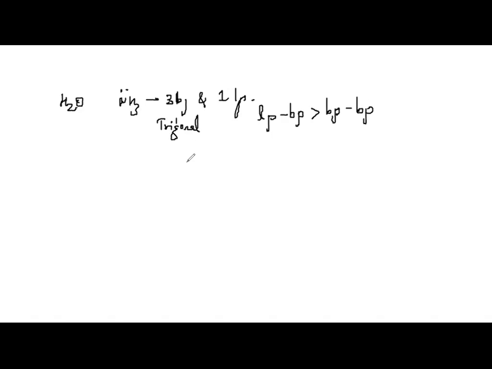Therefore, the molecule gets distorted, and the shape comes out something like this. All the hydrogens are in a plane, but here there is a lone pair. So the geometry comes out to be pyramidal, and the bond angle here comes to 107 degrees.